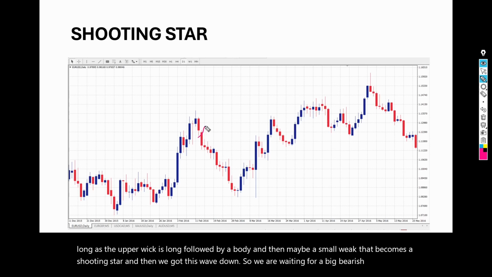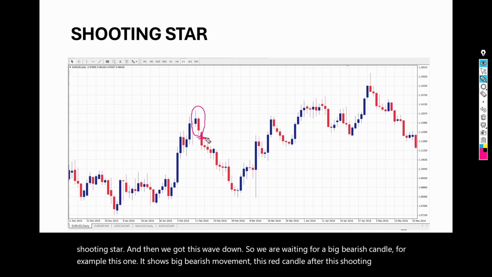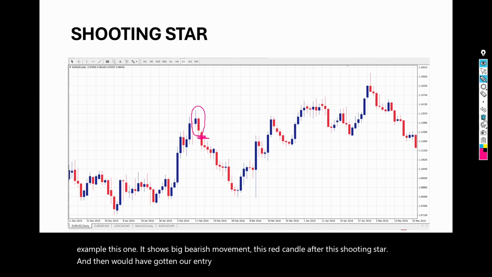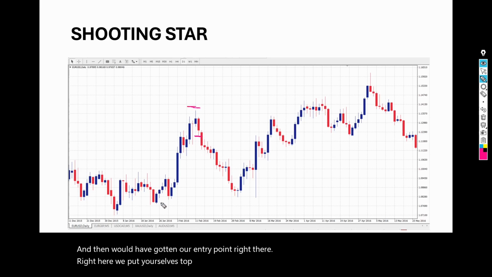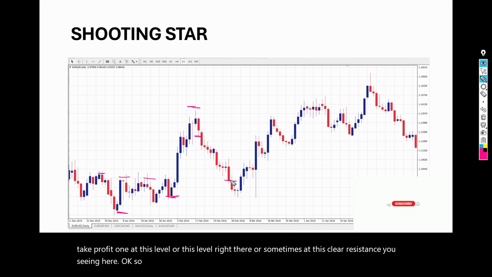For example, this one, it shows big bearish movement, this red candle after this shooting star, and then we would have gotten our entry point right there. Right here, you put your sell stop order followed by a stop loss, and then you could catch the take profit one at this level or this level right there, or sometimes at this clear resistance you're seeing here. Okay, so this was the take profit one.